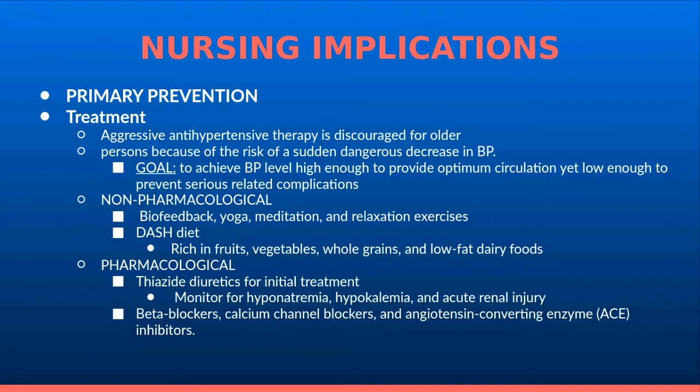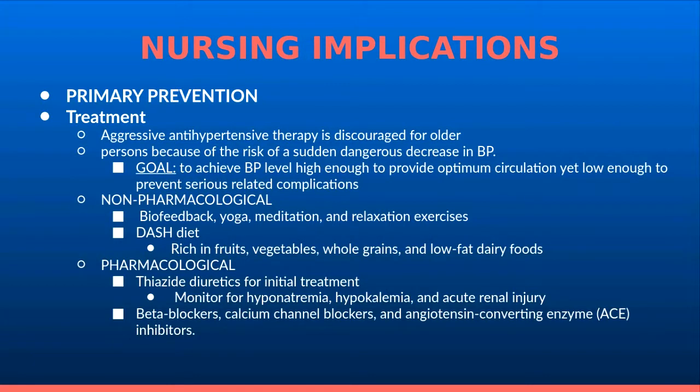Being able to catch hypertension early is obviously best for older adults and the elderly, because jumping into aggressive pharmacologic treatment is not advised for older adults because of risks of hypotension, like we said before, and drug interactions due to polypharmacy and the metabolic changes that affect drug absorption as we age.